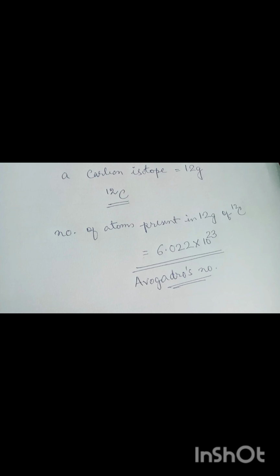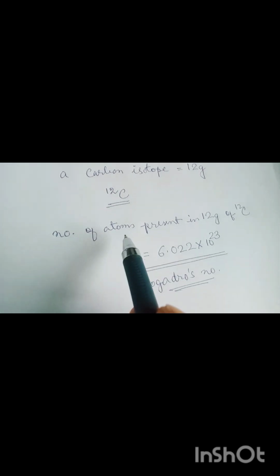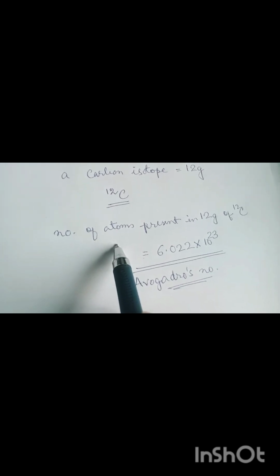So the amount of substance which has 6.022 into 10 to the power 23 atoms is called 1 mole of carbon 12 isotope.